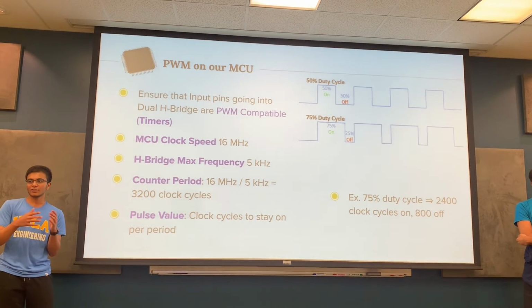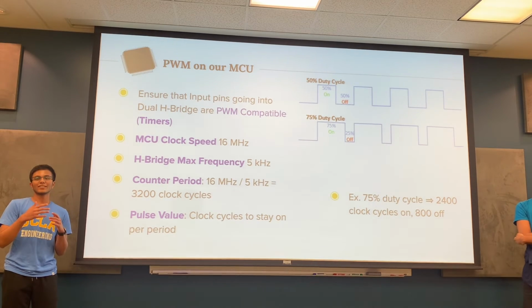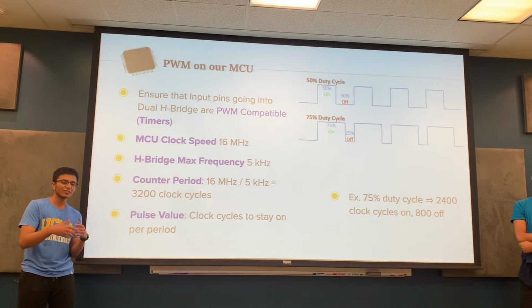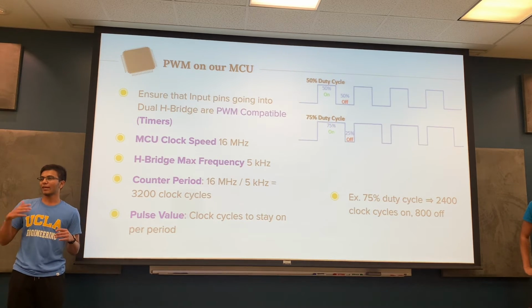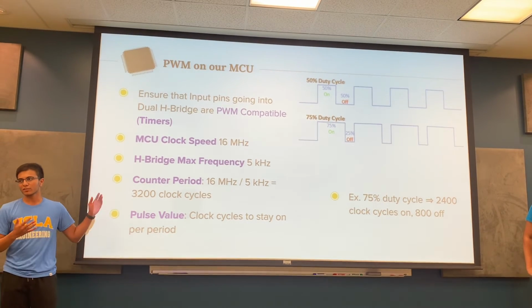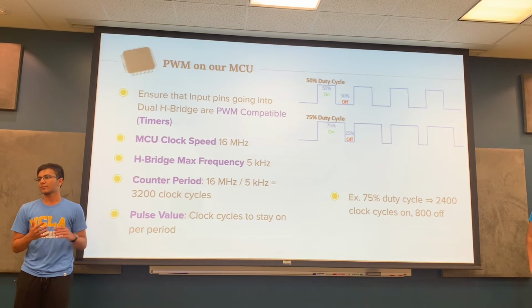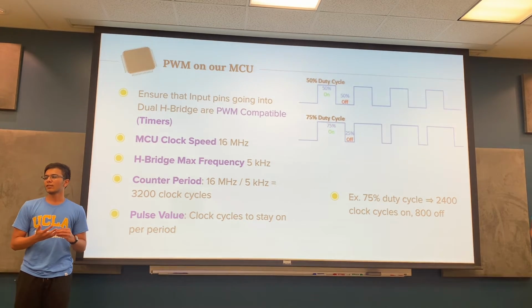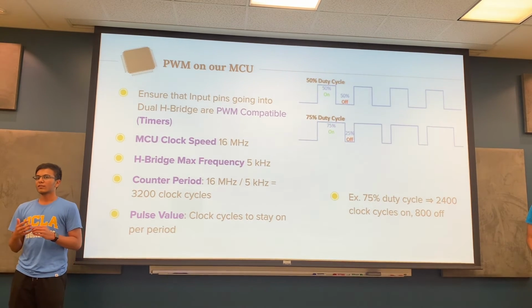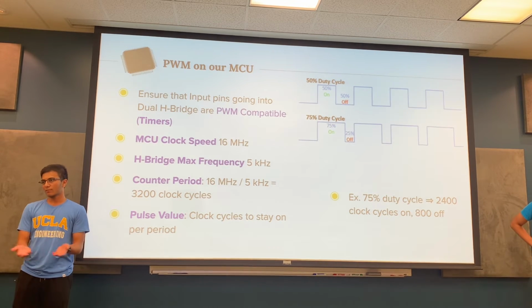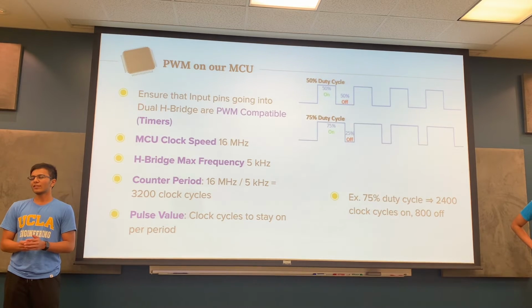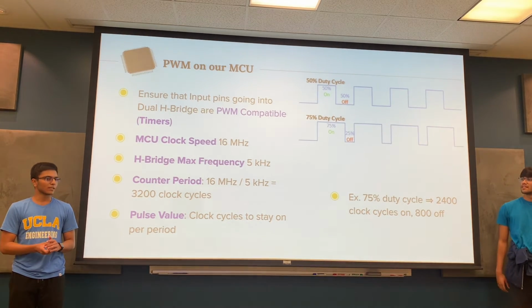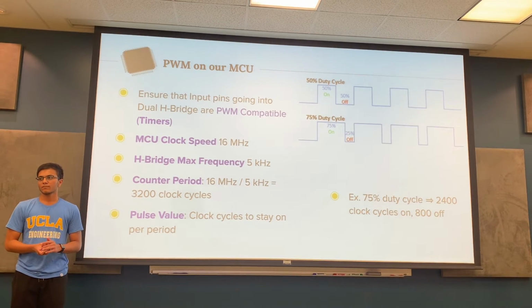The transistors in the H-bridge can only handle a certain speed at which you turn them on and off, and the microcontroller operates at a much faster speed than the H-bridge can handle. So if you turn it on and off a lot more, it might not turn on or off. It's also less accurate, because you have fewer counts per period, so you can't achieve as full a range of values.